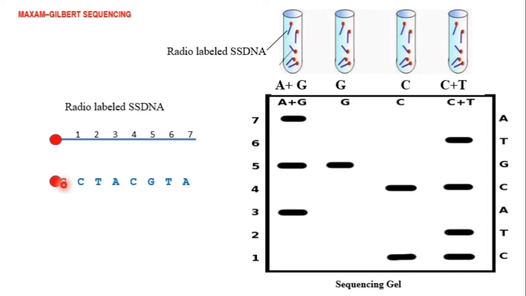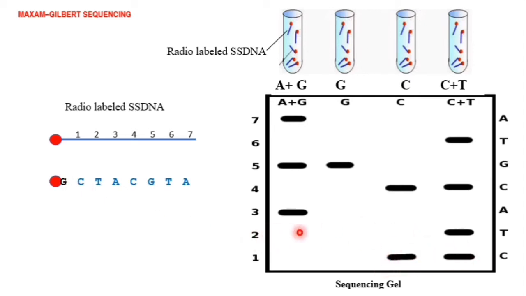So here this is C because it is a low molecular weight, a small fragment of DNA observed during the chemical reaction. The breakage happens here, before the first nucleotide, between G and C. So you can see the first nucleotide is a C.